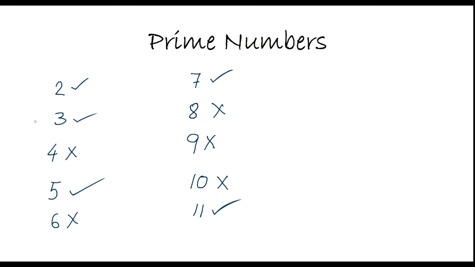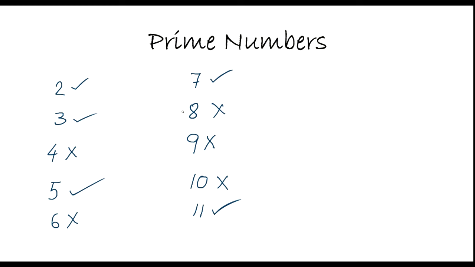If you look at the numbers here, other than 2, all other even numbers are not prime numbers. They cannot be prime numbers because all the even numbers have a common divisor 2.